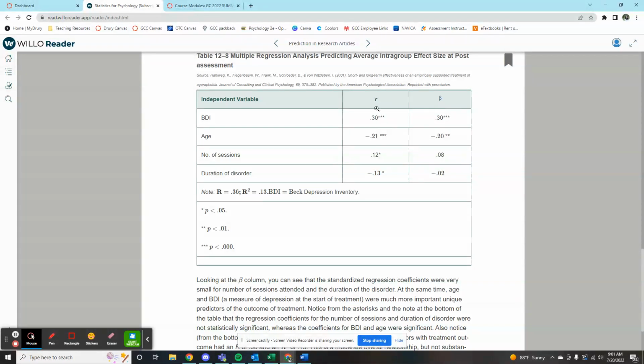Now, the next step is to look at our regression coefficients. Whenever we look at outputs, it will always tell us if we're looking at unstandardized or standardized. In this table, it's noted that we are looking at standardized regression coefficients. Remember the difference. With an unstandardized regression coefficient, we are saying for every 1 point that this thing increases, this other thing increases by some number of points.